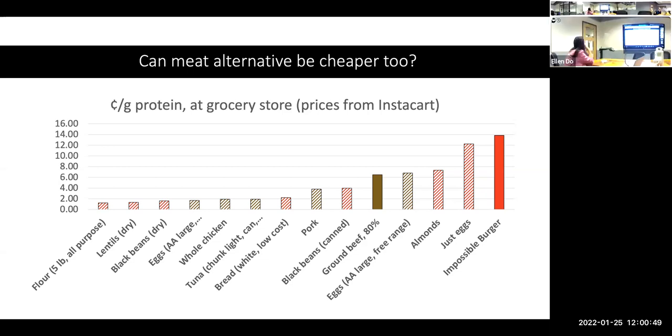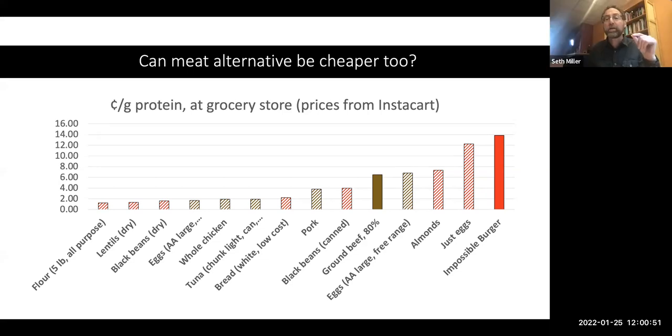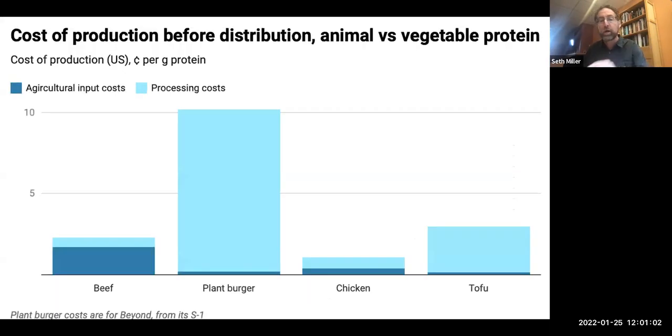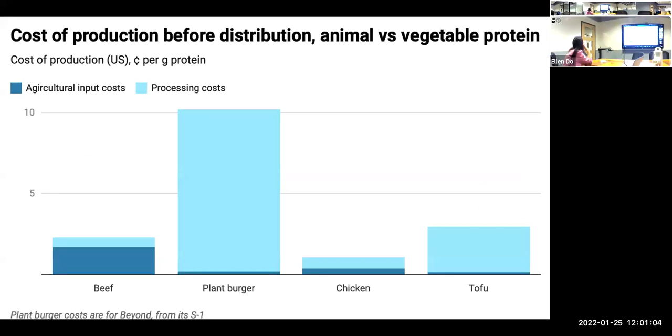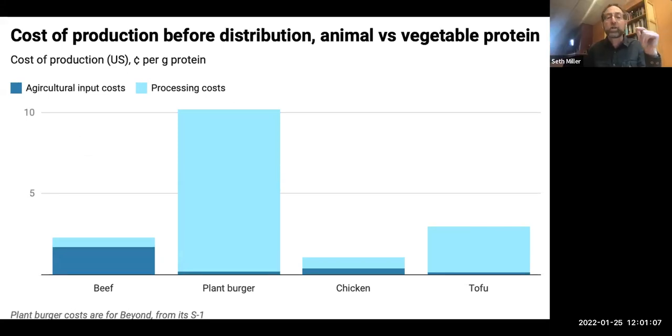It is great that Impossible exists, but right now it's a luxury good, right? It is the province of the rich, and this is not a global solution if Impossible is at this price, right?